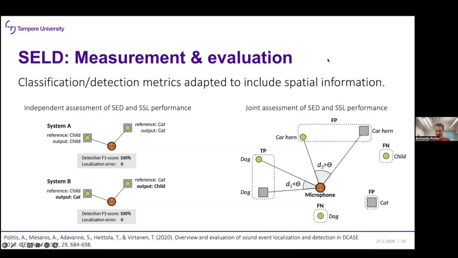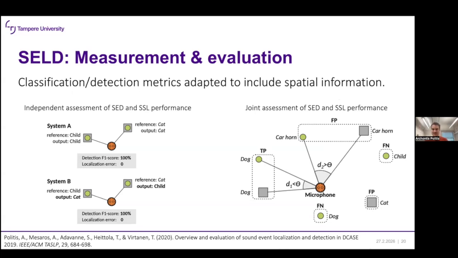And finally, one other thing we had to consider was how to evaluate the performance of these models. Eventually, what we went for was to adapt classic classification and detection metrics as used, for example, in sound event detection, but adapted to include spatial information.